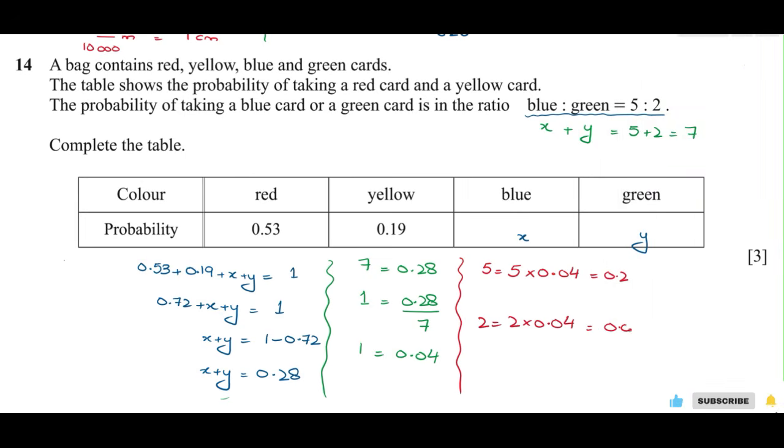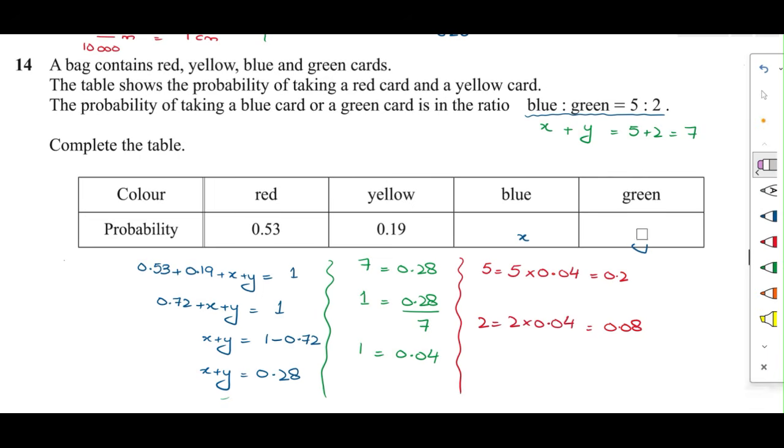So here we can say the blue is 5, so the blue is 0.2, and the green is in the ratio of 2, which is 0.08. So this is how you have to complete the table. I hope this makes sense now.